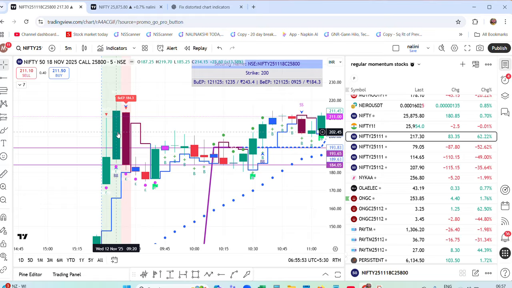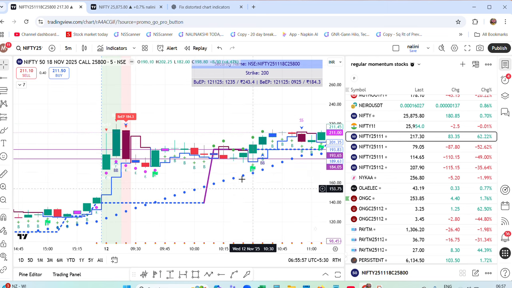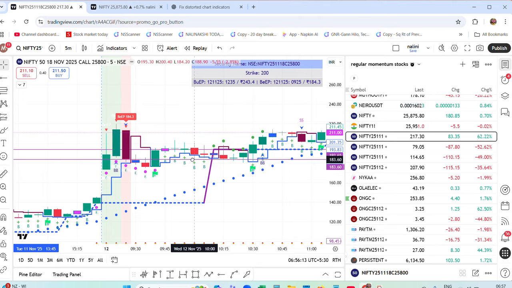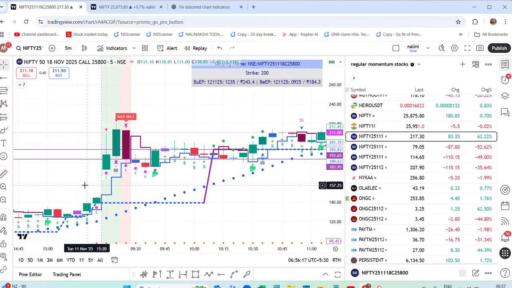If I place the cursor, it is showing 219. It shows 243 as the bullish episodic pivot and the bearish episodic pivot is 184, like the underlying. So you need to mark 184 over here and wait.